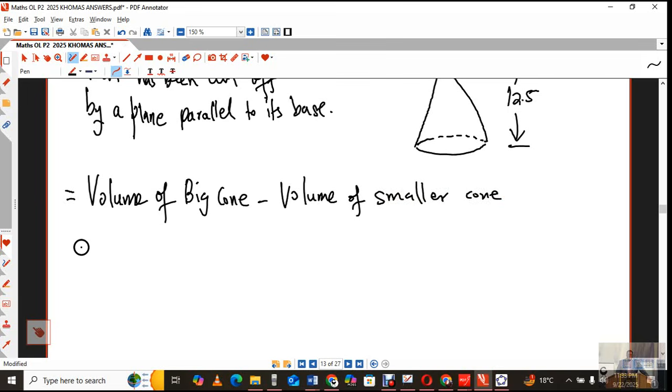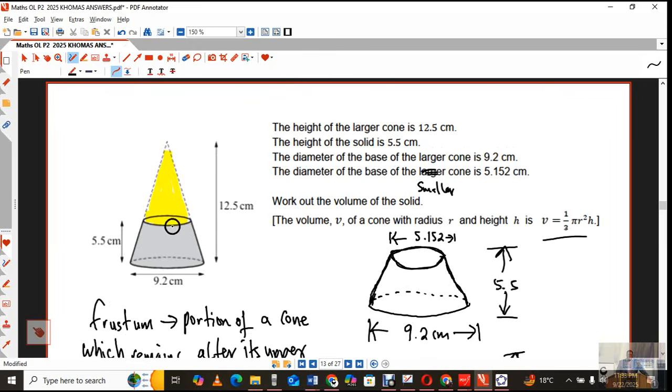The formula is 1/3 pi, with capital R squared and capital H for the big cone, minus 1/3 pi with small r and small h, because they don't have the same radius and they don't have the same heights. You with me?